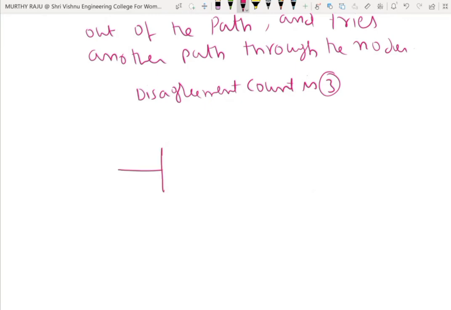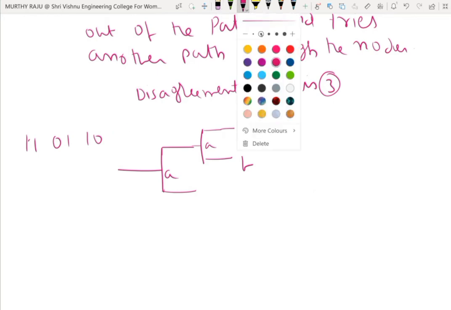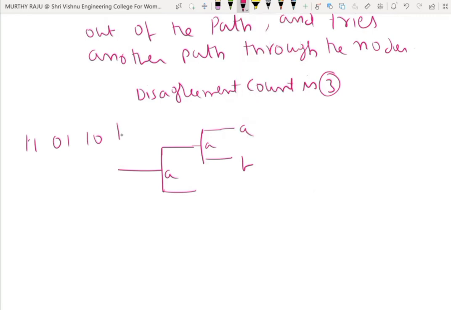This one is A to A to B. Here the information is 1 1, 1 0, 1 1, 0 0, 0 0, like that, at 0 0. Here again 1 0.